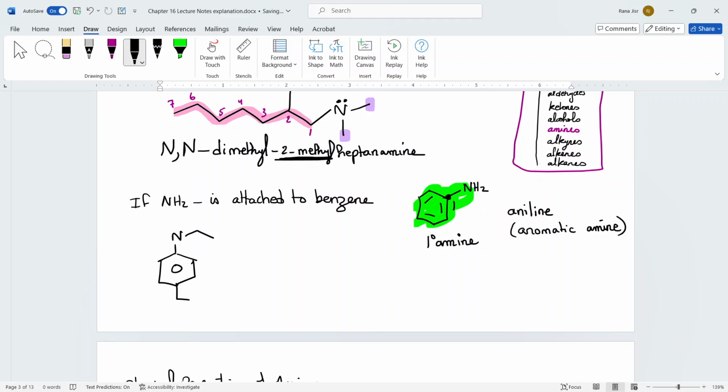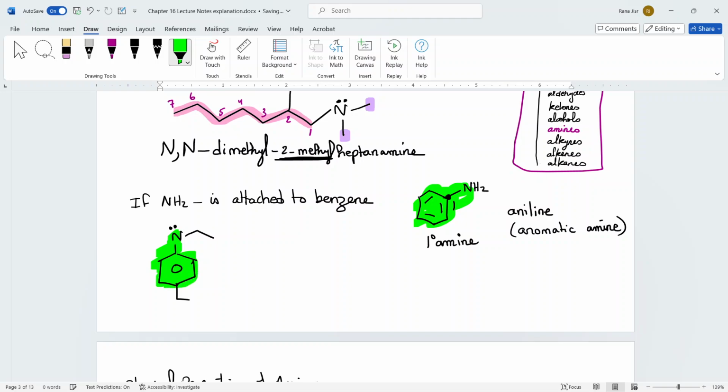So over here, what I have is a benzene that is connected to the nitrogen. It doesn't need to be 2 hydrogens in there. The moment I see a benzene with a nitrogen, I can call this a common root, and this is named aniline. But anilines can be primary, they can be secondary, and they can be tertiary.